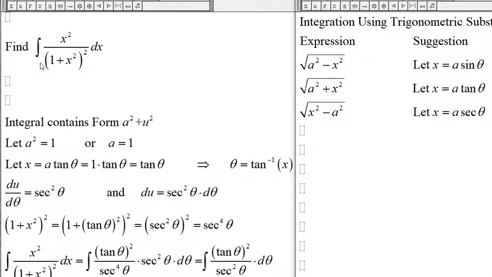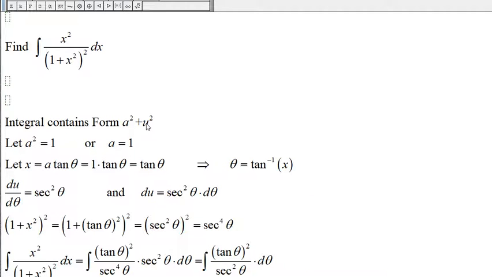Here we want to find the integral of x squared divided by 1 plus x squared squared. This integral contains the expression 1 plus x squared. We could think of it as the form a squared plus x squared.